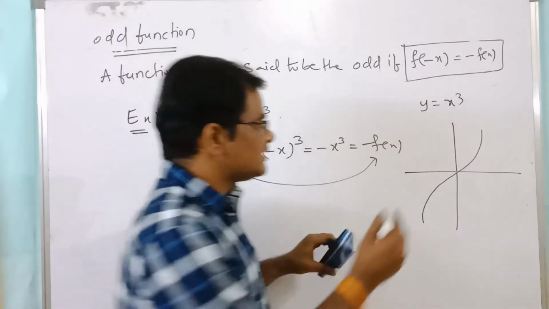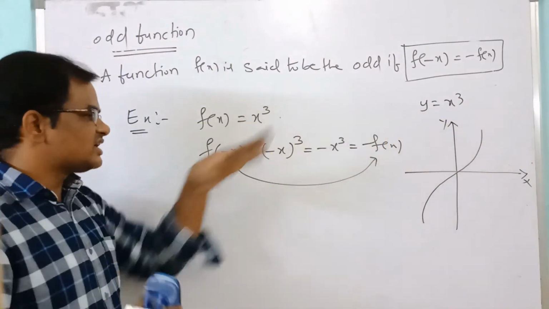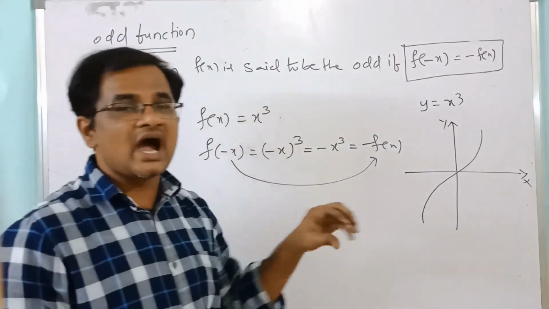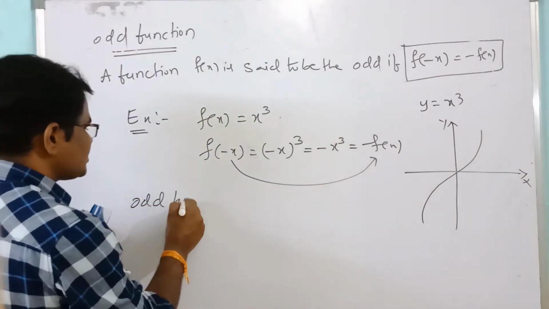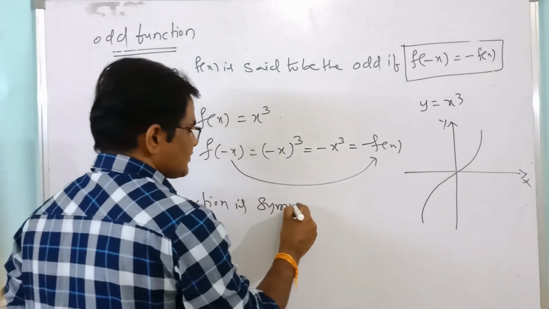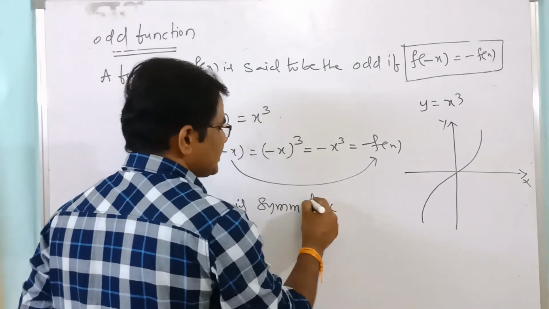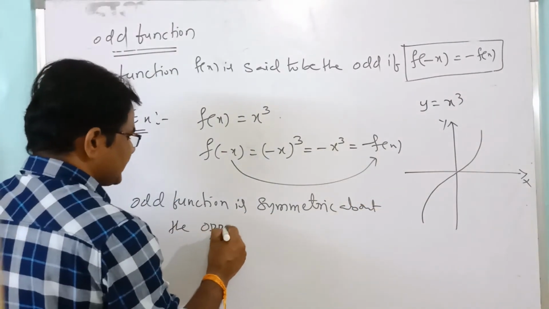So an odd function is symmetric about the opposite quadrants.